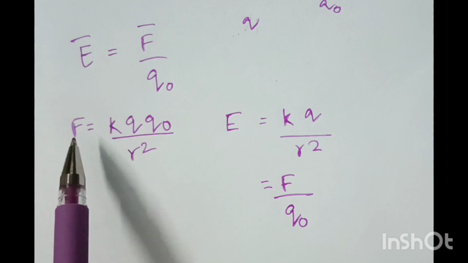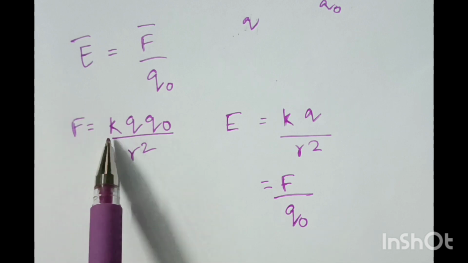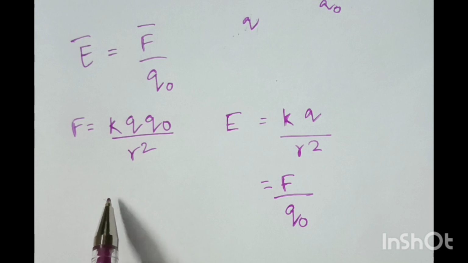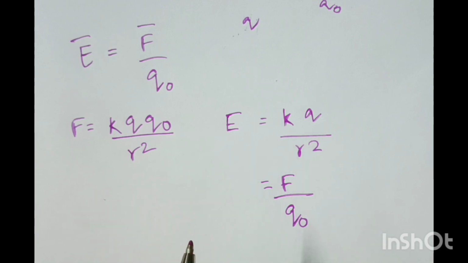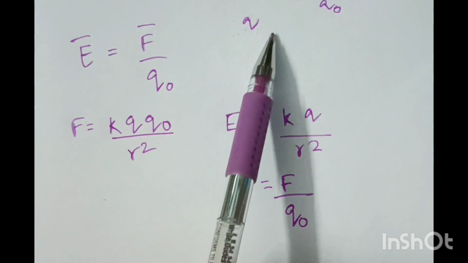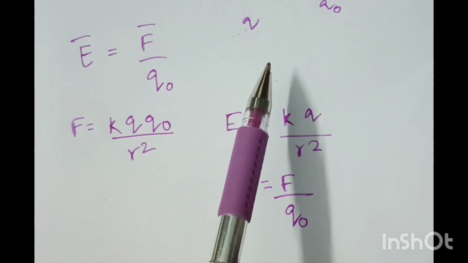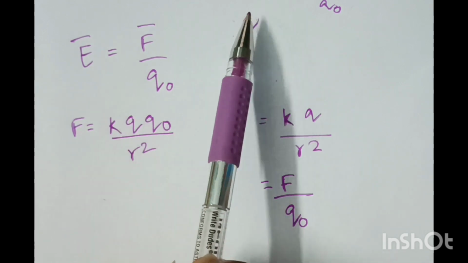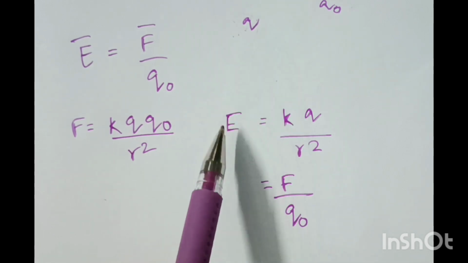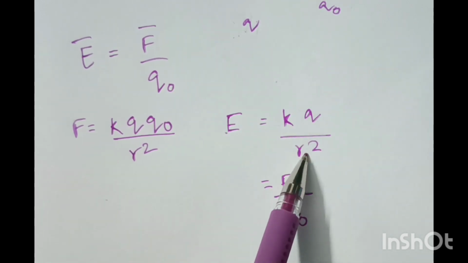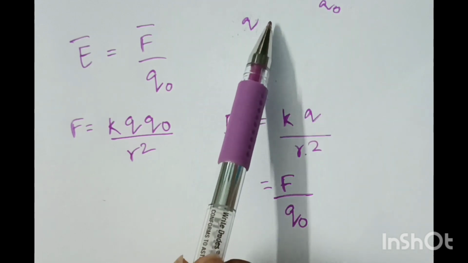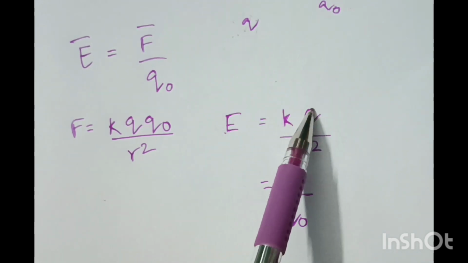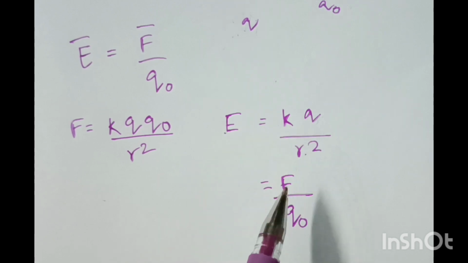The force of attraction or repulsion between them is given by KQQ naught by R square. But here I am interested in finding the electric field because of the charge Q. So the electric field because of the charge Q equals KQ by R square. We should not write Q naught because we are finding the electric field of Q. I am using Q here. E equals KQ by R square.